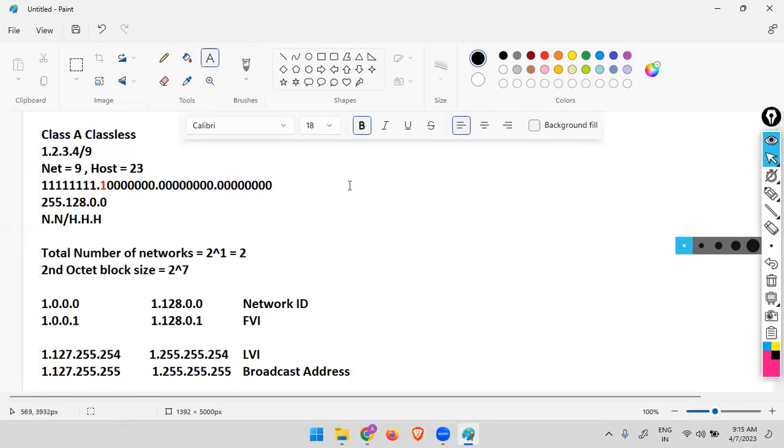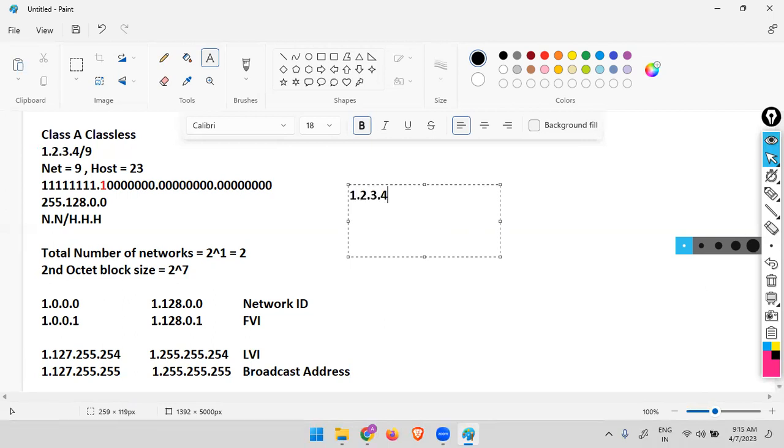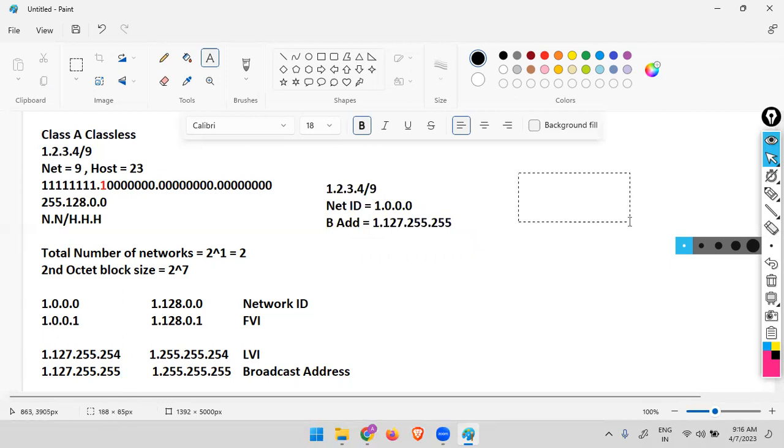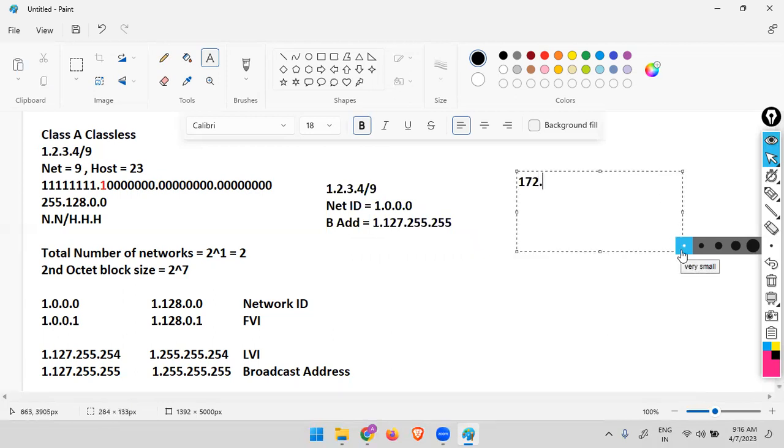So according to the IP address, network ID and broadcast address, what is it? Correct. Okay, what if I go like this? Let's see. What if I go like this?